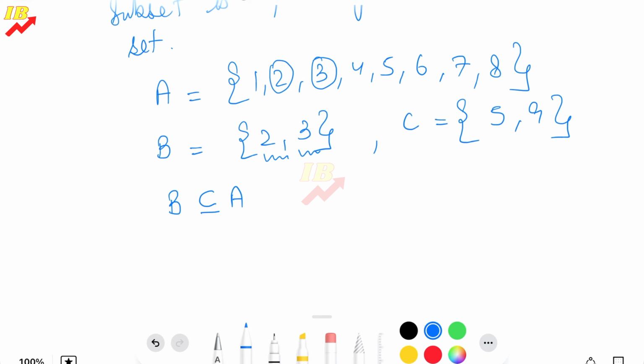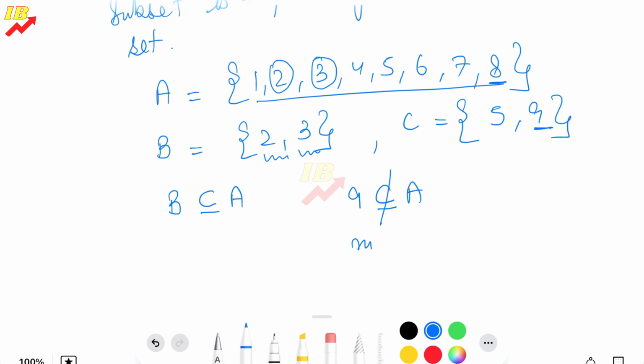And further, if I say 9 is a subset of A, is that a correct statement? No, because 9 is a part of C, but 9 is not a part of this A. Set A belongs to only the numbers 1 to 8, right? So that's not possible.